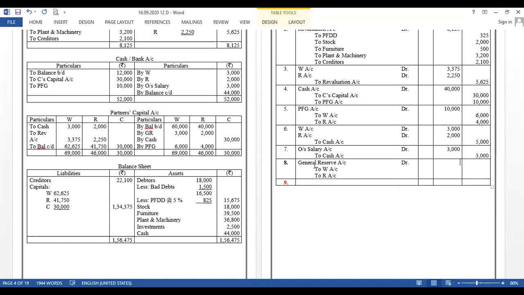General reserve total was 5,000, right? And W and R get a credit of rupees 3,000 and 2,000. Because partners are credited, we need to credit partners. Cash is over here for capital, we are done with that. PFG, we are done with that. Cash withdrawn, we are done with that. Revaluation account, loss distribution, we are done with that. This is balance c/d. That's all.